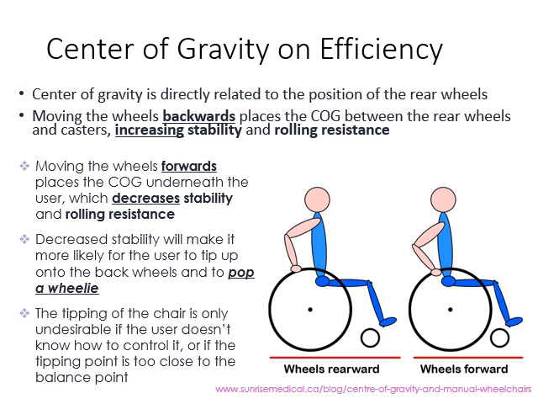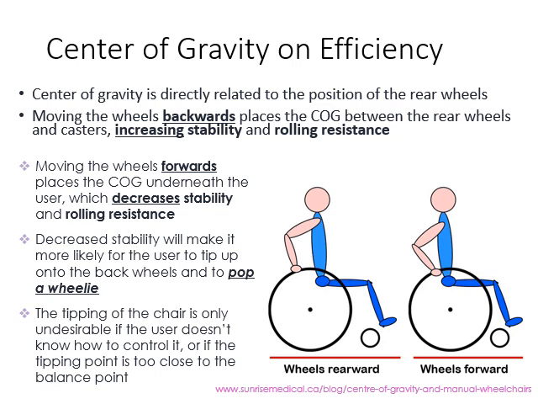Now, if we move that rear wheel backwards, we're effectively increasing the base of support of that wheelchair. If you think of the distance between the rear wheels and the caster wheels in the front, that distance is going to increase.